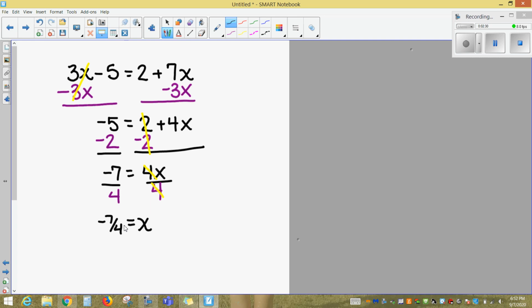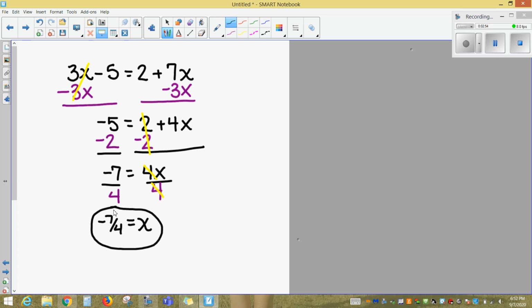Now, in my class for me only, and every teacher has their own preference and direction they want you to go. But in my class, when you solve for x, if you do not get an integer, meaning I don't get 2 or negative 3 or 14, I always want you to leave that solution in fraction form. You need to reduce it to lowest terms, please.